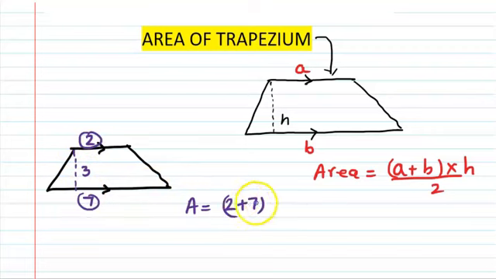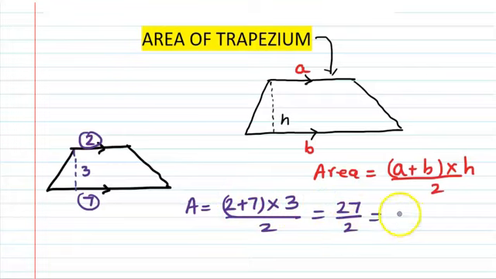You can directly write down 9, but I'm doing steps, and then times the height. Height is 3 and divided by 2. So 2 plus 7 is 9, and 9 times 3 is 27, and half of 27 is 13.5. And if it is centimeter, then the area will be 13.5 centimeter square.